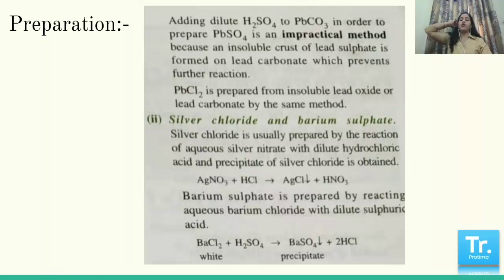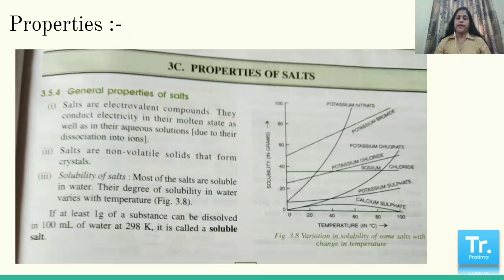We have already done this in practical chemistry: silver nitrate in the HCl chapter, barium chloride in the sulfuric acid chapter. So it is a repetition. I am sure those who are preparing very well must understand this.